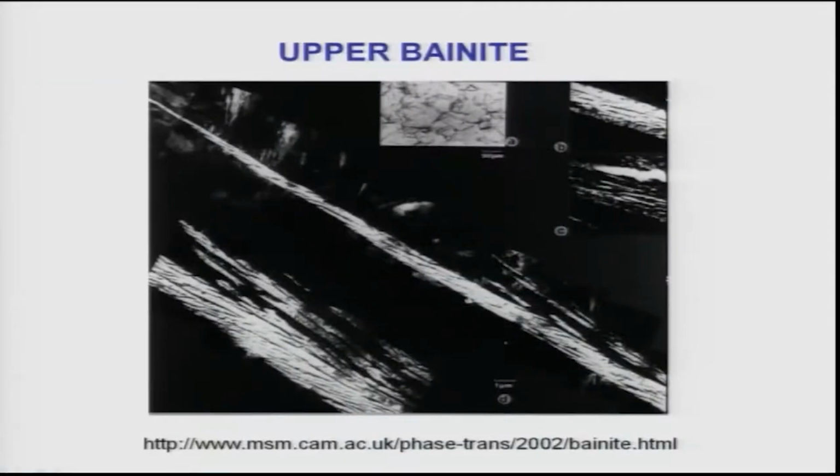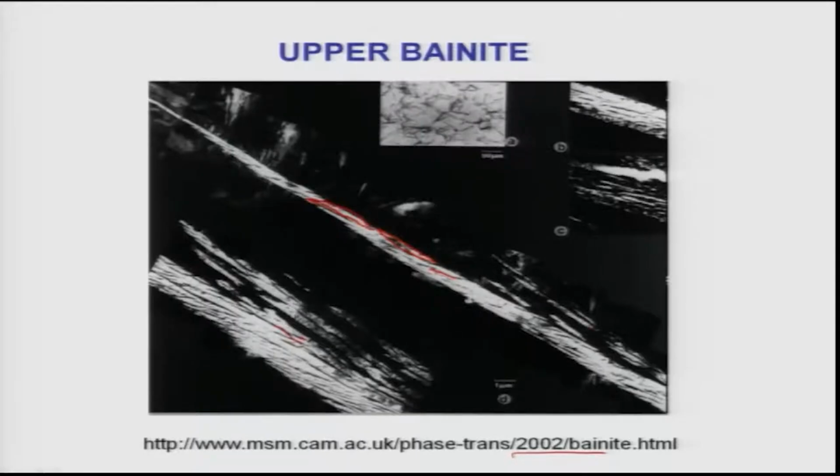Yeah, this is upper bainite that is seen here, these are the alpha ones, and between these are actually the cementites. You see between the alpha plates, this is taken from the home page of Professor Bhadeshia. You can see that these are long alpha plates or needles, and there are many of them, and in between them this precipitation happens.